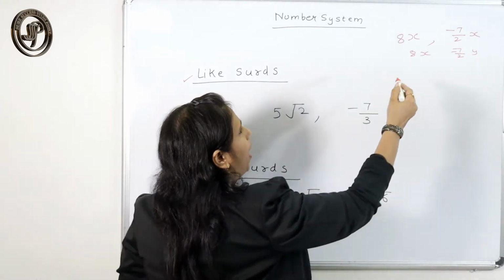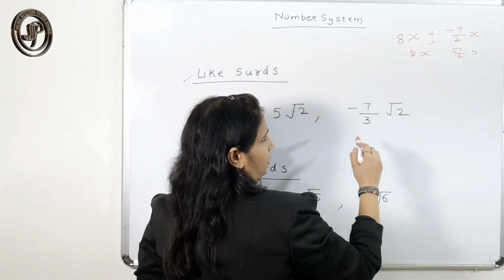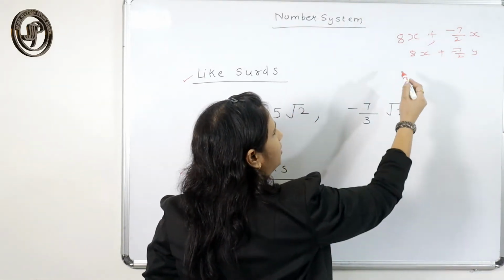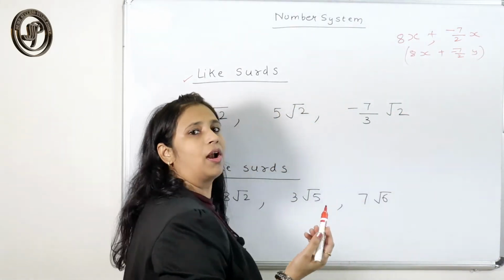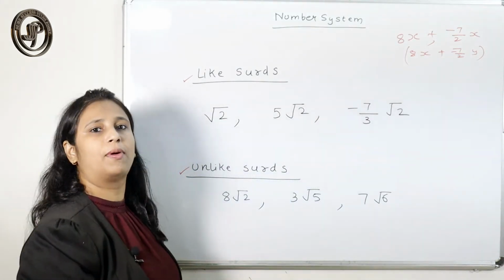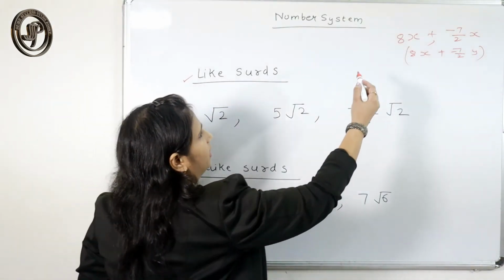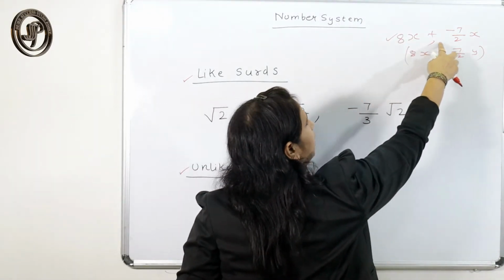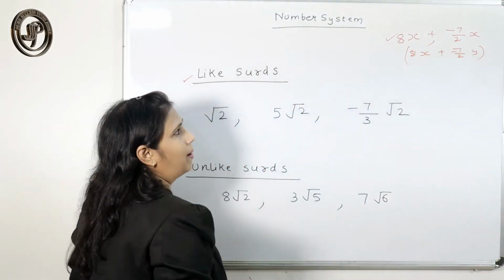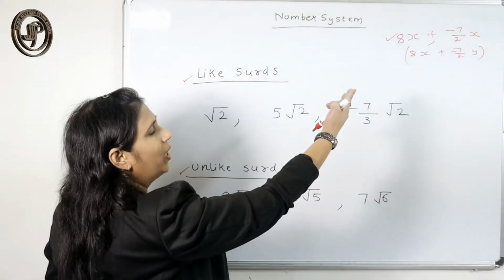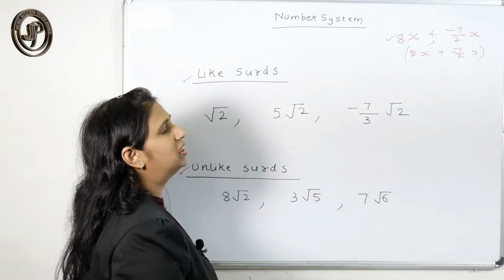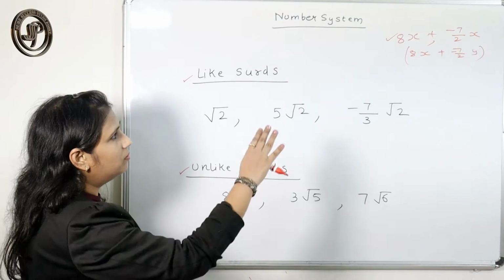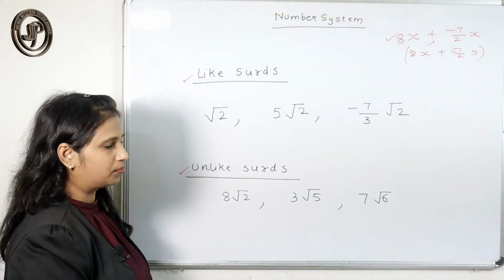If I ask you to add them, you can add the like terms, but you can't add the unlike ones. For the unlike terms, your answer will be 8x minus 7 by 2y. But for the like terms, you can add them simply using the rational number way. So 8 into 2 is 16, so 16 minus 7 by 2x. This way you can add them.